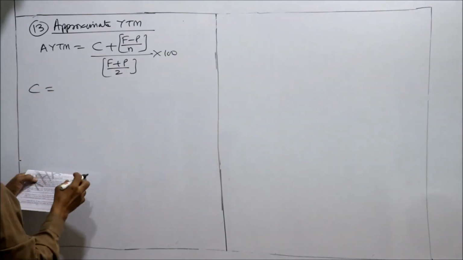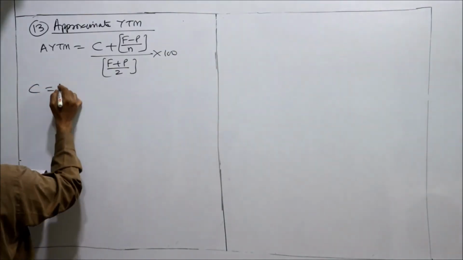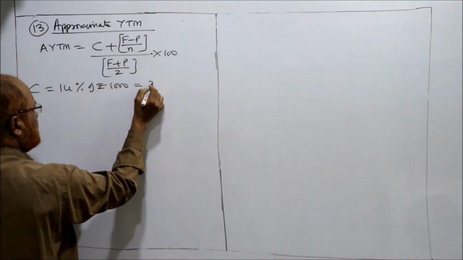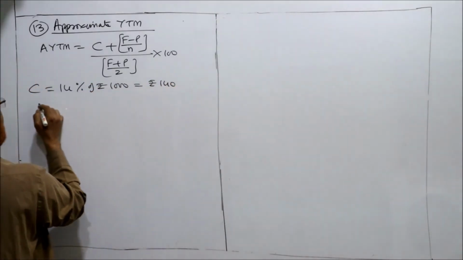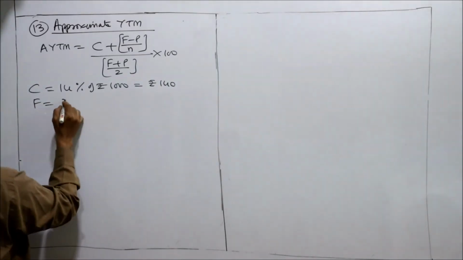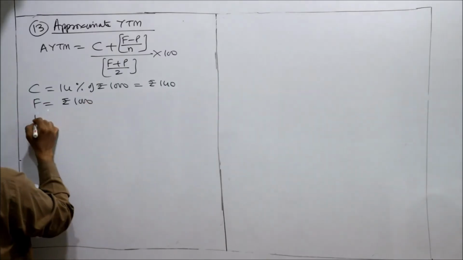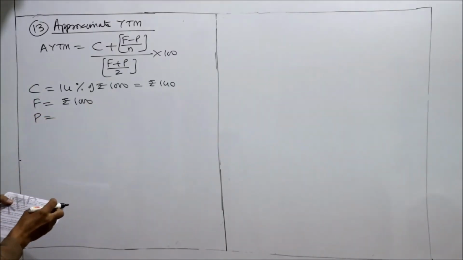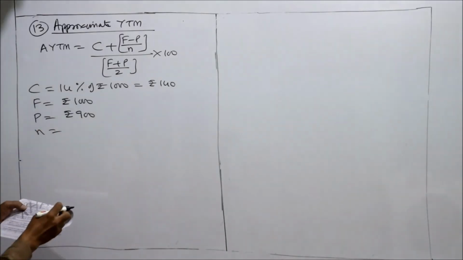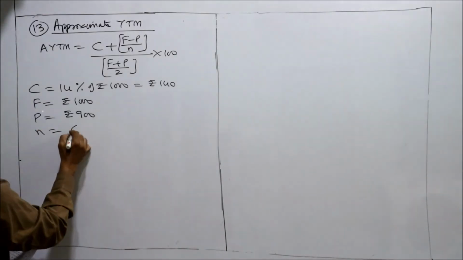C is the coupon interest; the bond carries 14% of rupees 1000, so 140. F is the redemption price. Redemption price is not given, so we'll take the face value. P is the current market price, given as 900. N is the period to maturity, 6 years.